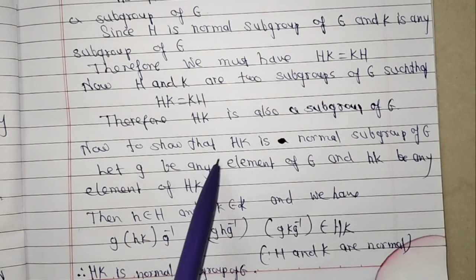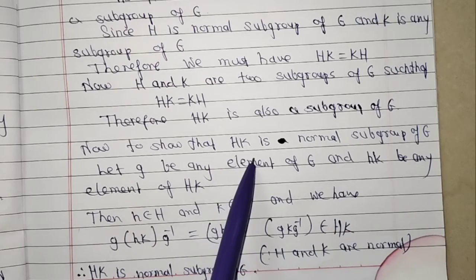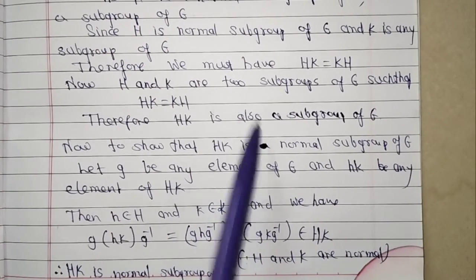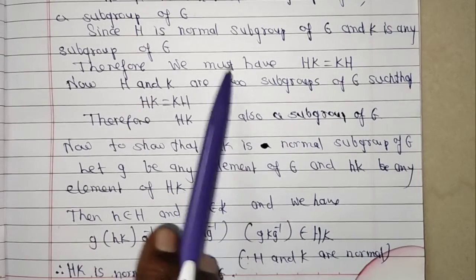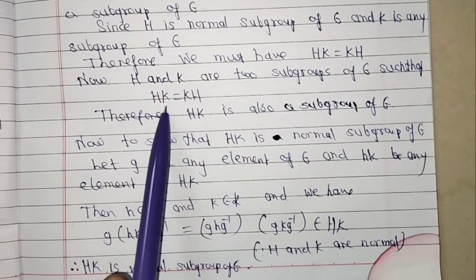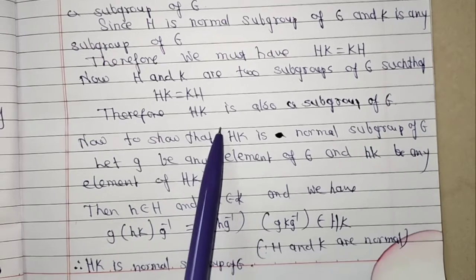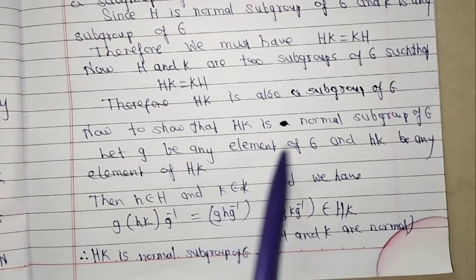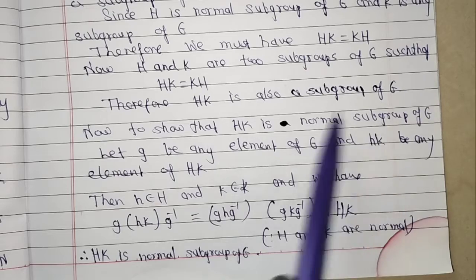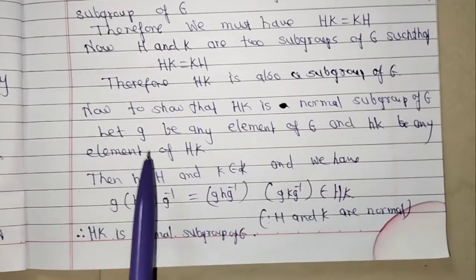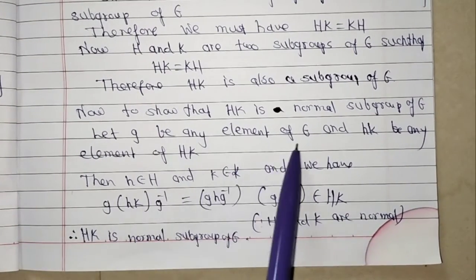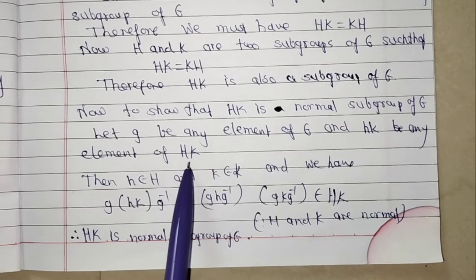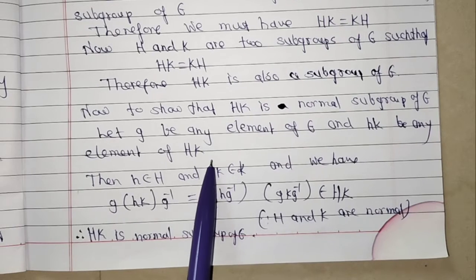Now, to show that HK is normal, we have proved that HK is a subgroup. Since both H and K are normal and satisfy the property HK equals KH, HK must be a subgroup of G. We have to prove that HK is a normal subgroup of G. To prove this, let g be any element of G and hk be any element of HK, capital HK.